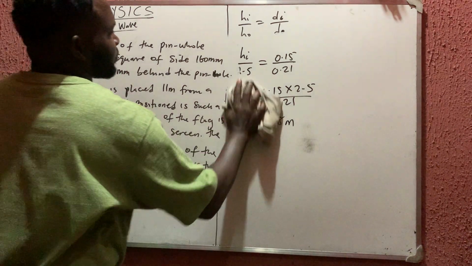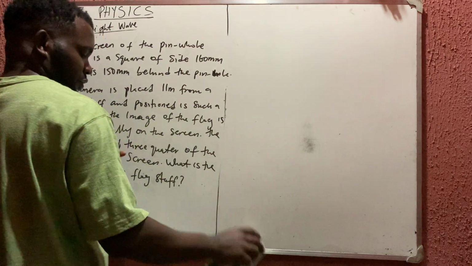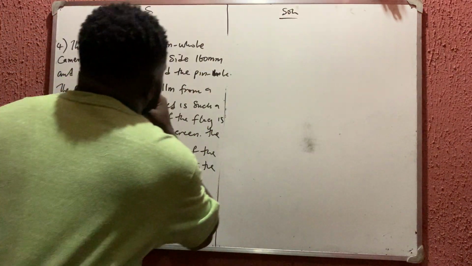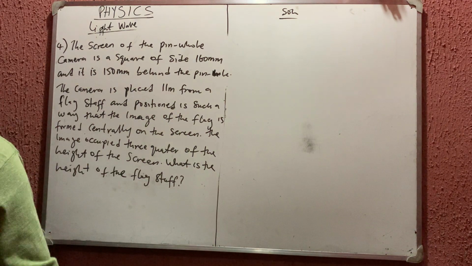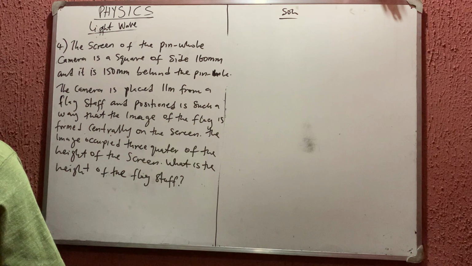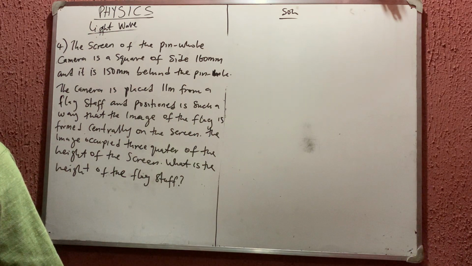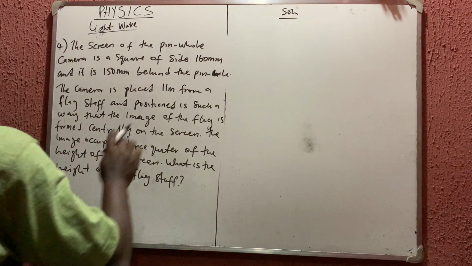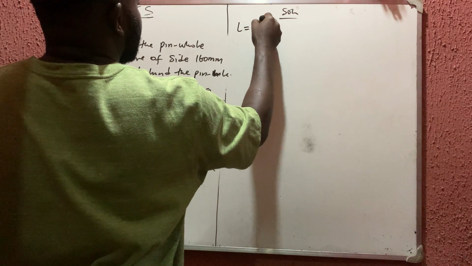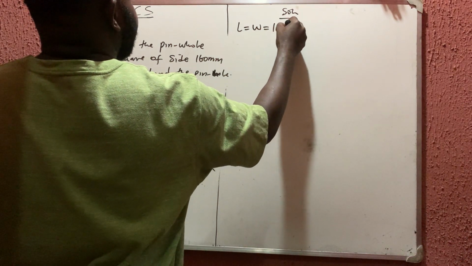Solution. Now, they say that the screen of a pinhole is a square. Since it's a square, and they say that the side is this, you know that in a square the length is the same as the width, which is 160 millimeter.